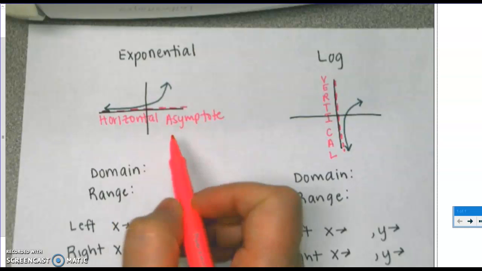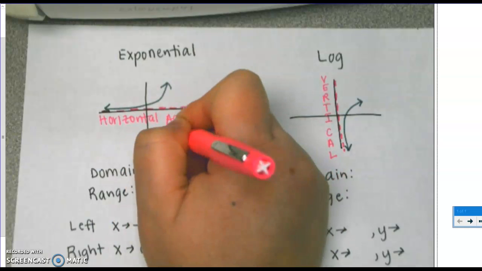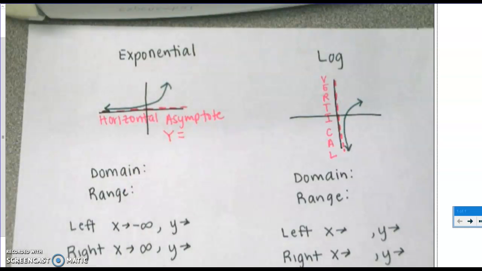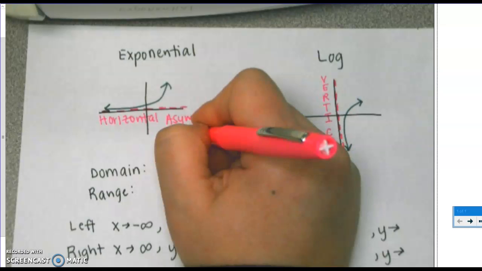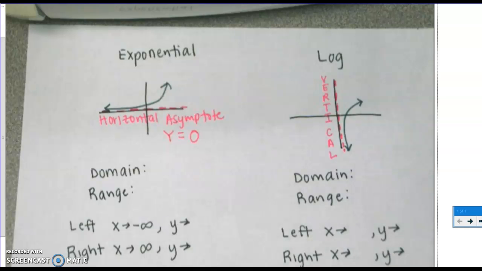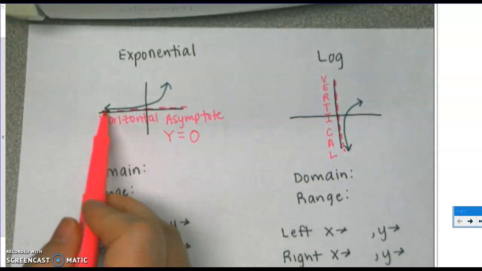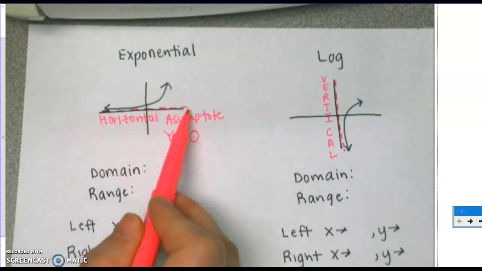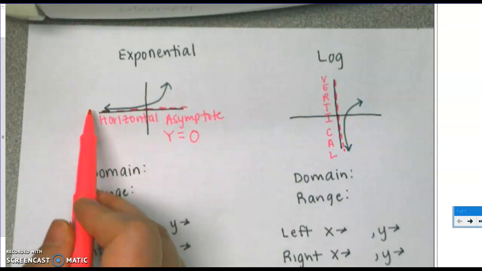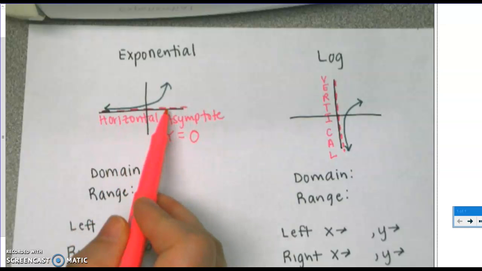Horizontal asymptotes are always y equals equations. On the parent function for exponential, the asymptote is at 0, which is the x-axis. You can see here, I should always have one arrow approaching the asymptote, going flat along that imaginary line.